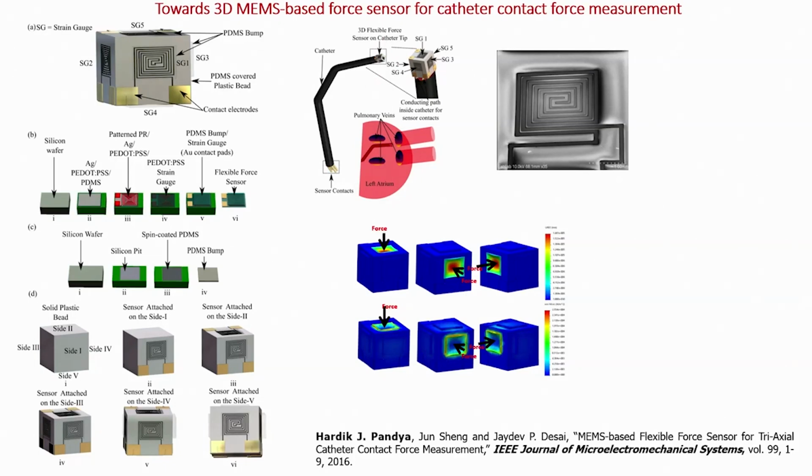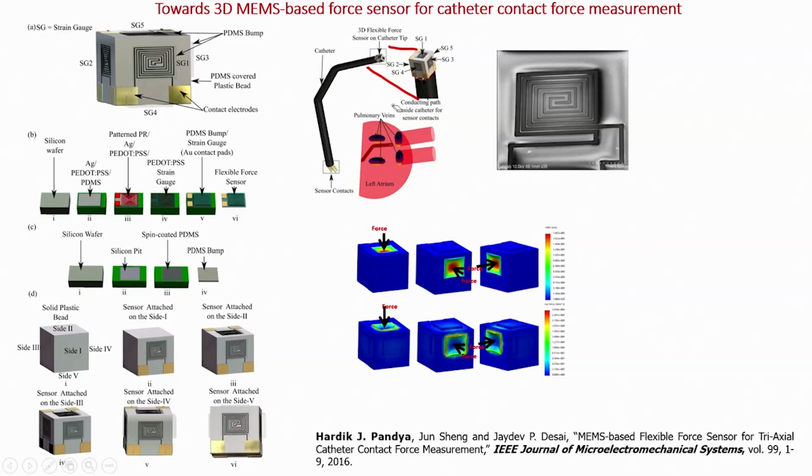There are 5 sensors, as you can see here, and since it is a strain gauge, we have named them SG for strain gauge, SG1 to SG5, when you magnify this portion. The connection through the strain gauges comes through the catheter. As you can see, the sensor contacts are right at the tip of the catheter, or you can say the end of the catheter.